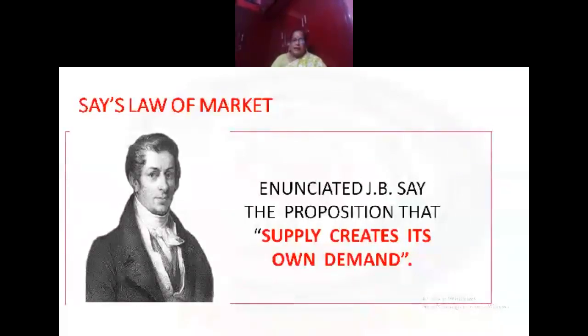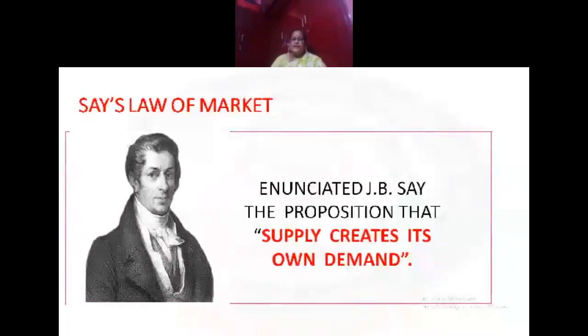Let us see about him. J.B. Say's law of market is the core of the classical theory of employment. J.B. Say lived from 1776 to 1832.